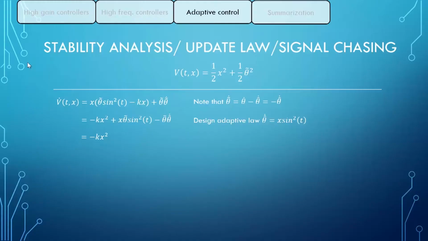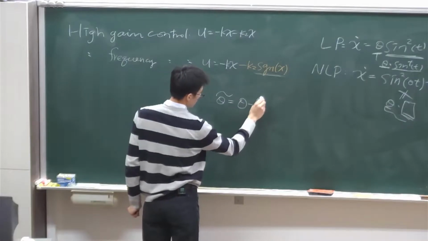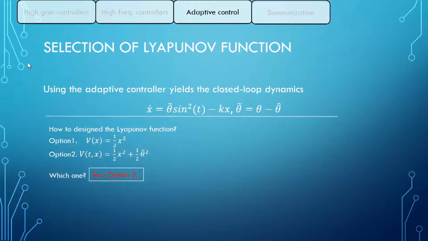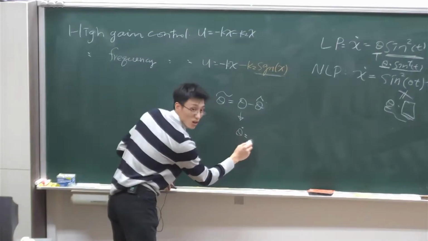What's the stability you can say here? According to the definition, we define theta tilde as theta minus theta hat, and theta by definition is an unknown constant, which means theta dot will be 0.